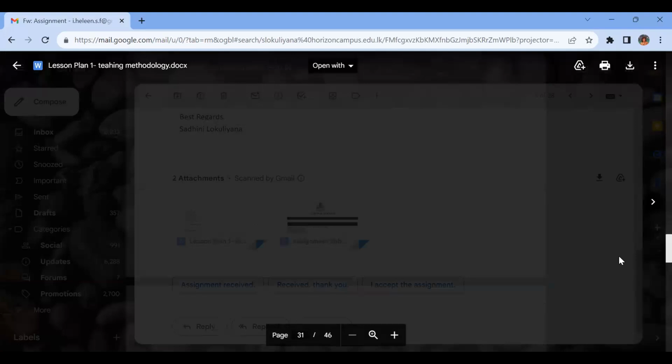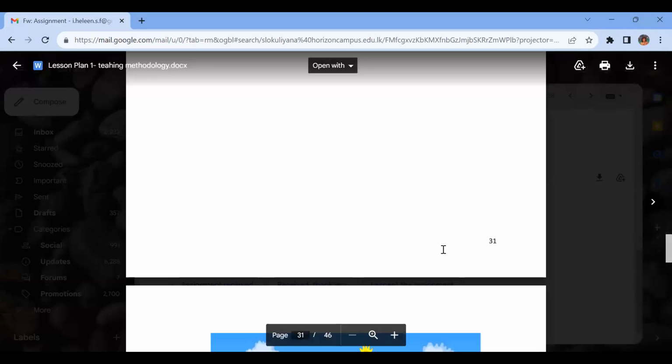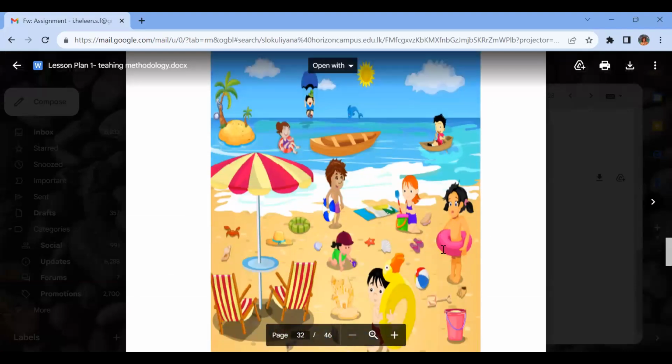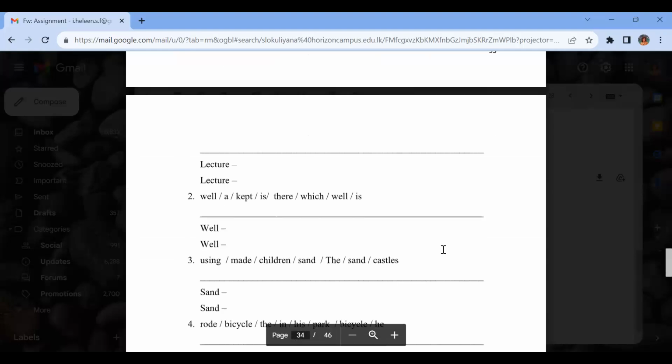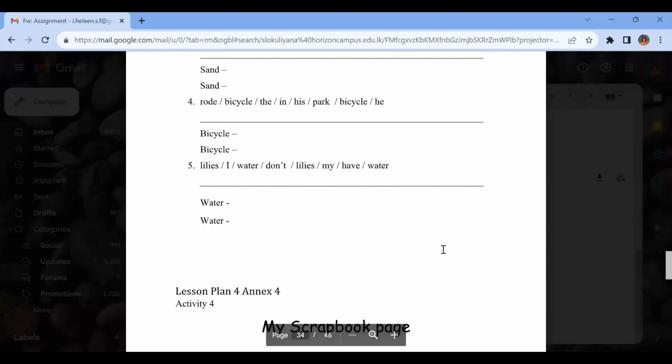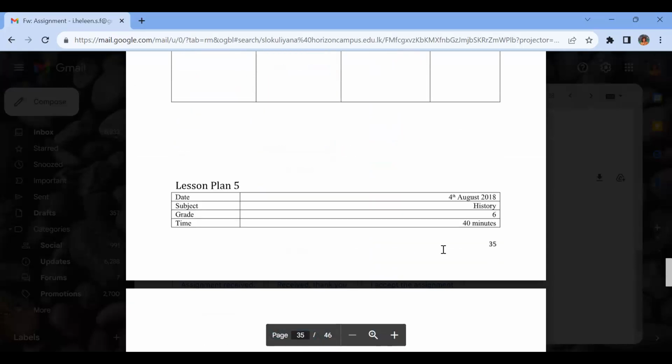It's shown, right? Now it's a blank sheet. You can see, no? Can see, madam.